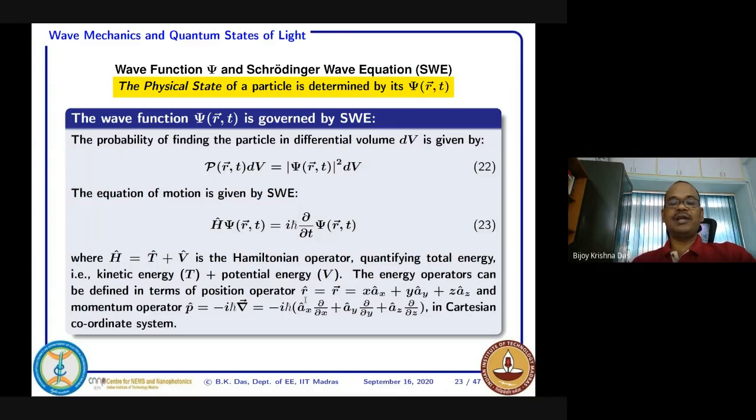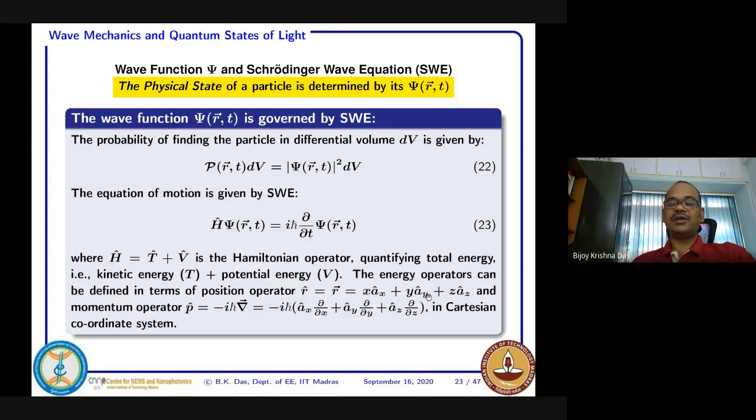Since psi is a function of r and t, we can define the position operator. Operating on psi, you get the position, so the position operator is nothing but the position coordinate.